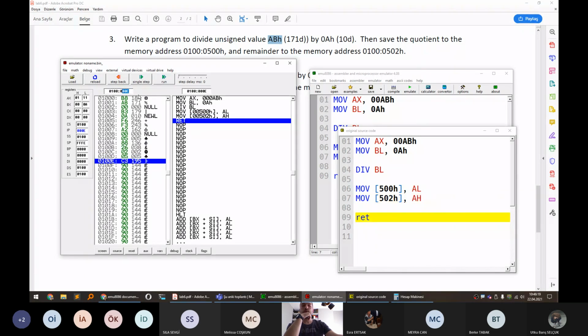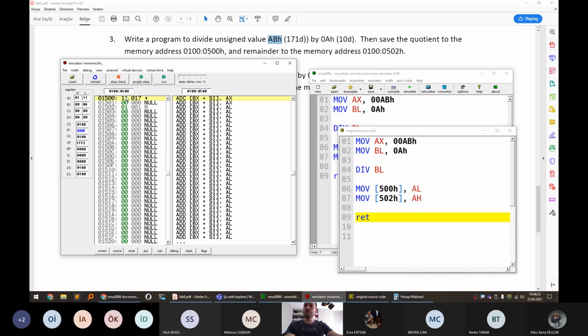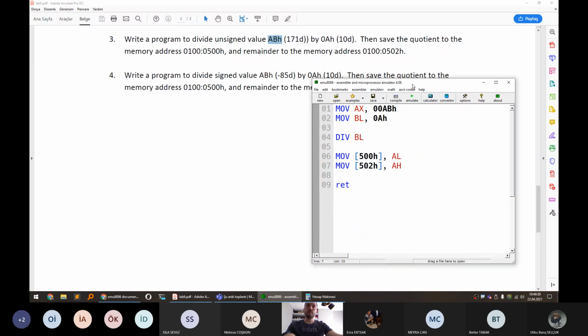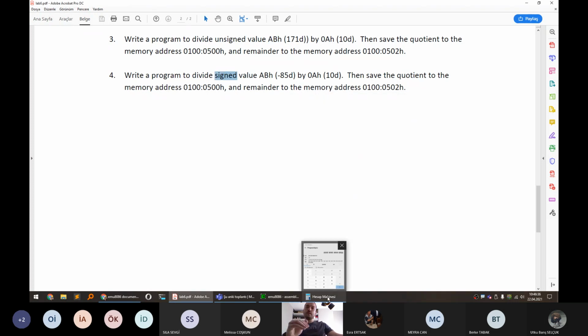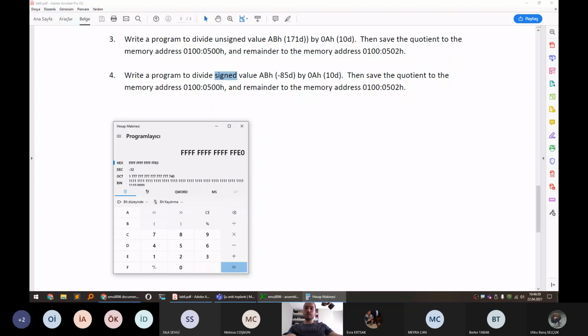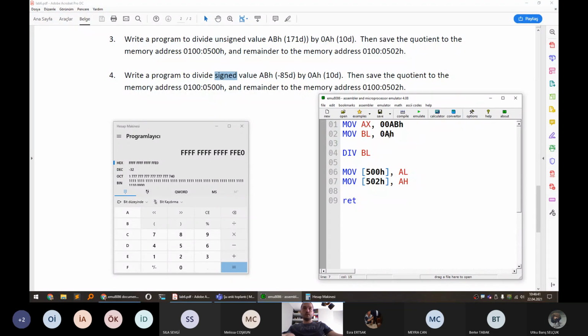Let's go over and look at the 500. Result is 11, remainder is 1. Okay. Same numbers, but this time we are going to get them as a signed value. Numbers are same.